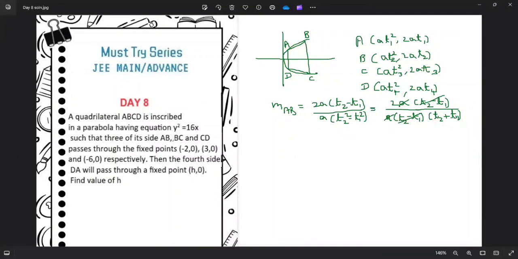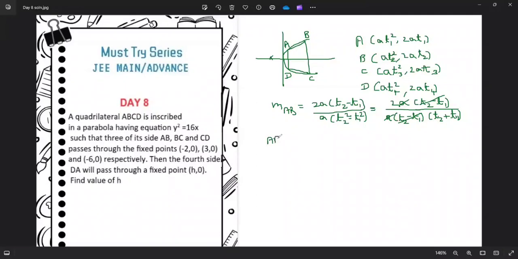Okay, so I'm given that AB is passing through a fixed point, like say (minus 2, 0). But let me create a generalization here. All the points that they gave us were on the axis. You consider them as (p, 0).